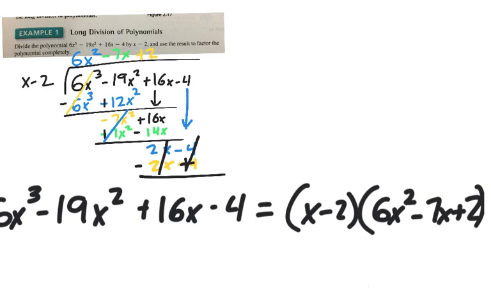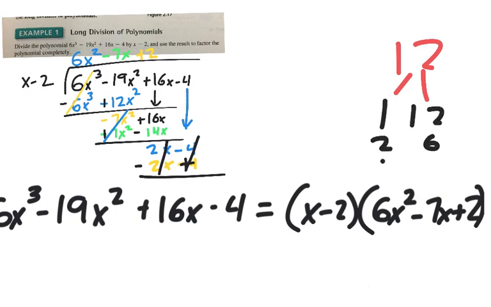What multiplies to be 12, added or subtracted, is negative 7? 1 times 12, will that work? No. 2 times 6, will that work? No. 3 times 4, will that work? Yes. Eureka. So I'm going to rewrite negative 7x as negative 4x minus 3x.